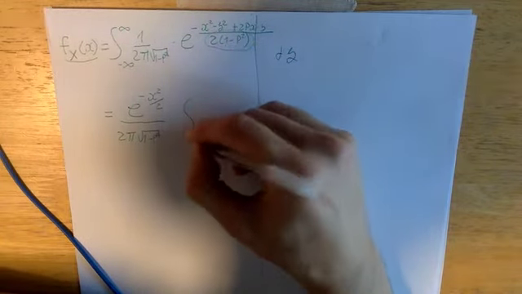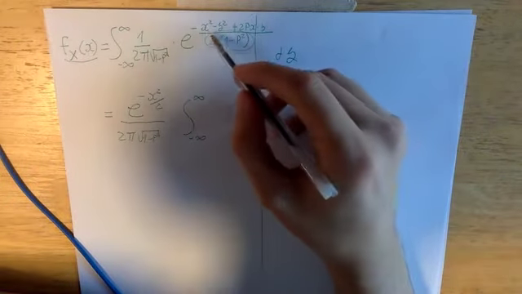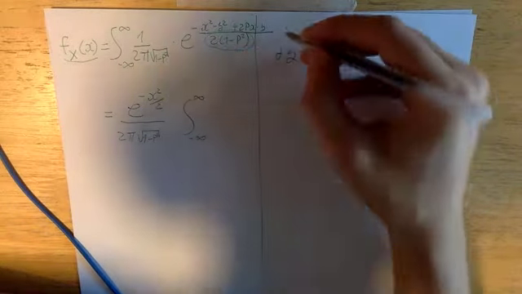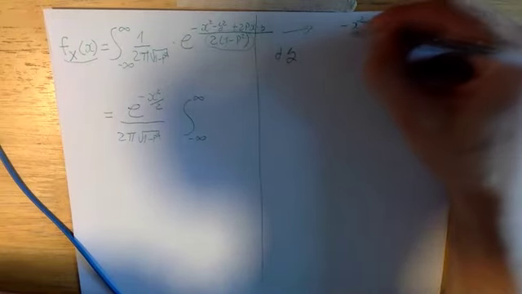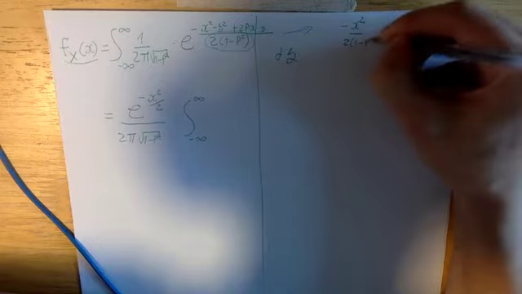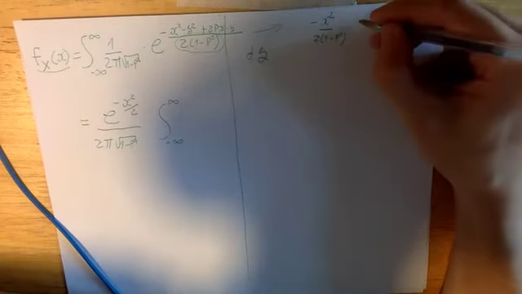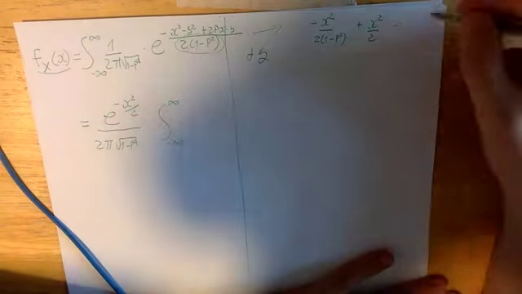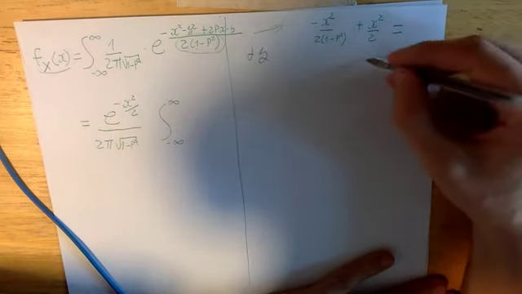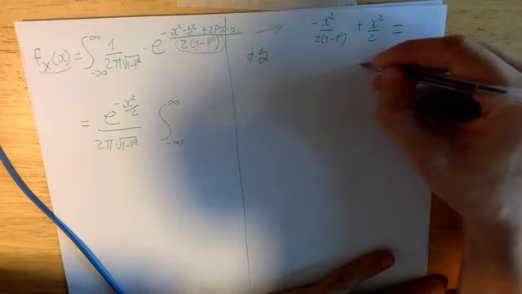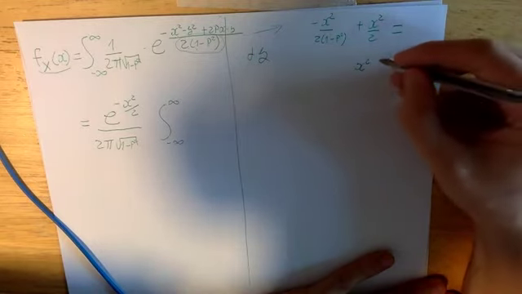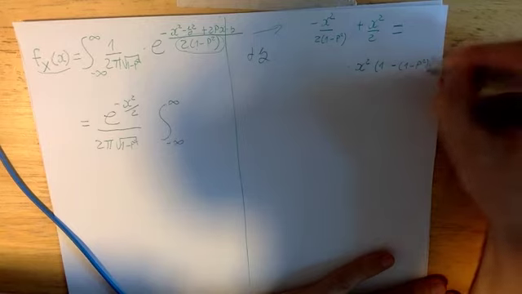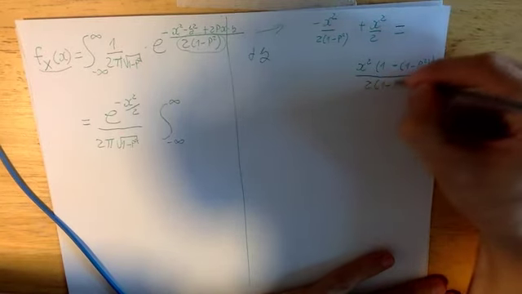Okay, so then this would be the integral from minus infinity to infinity of, here I have minus x squared over 2 times 1 minus p squared, and then I add x squared over 2 and subtract the x squared over 2 which is outside, which is equal to x squared times (1 minus (1 minus p squared)) over 2 times (1 minus p squared).